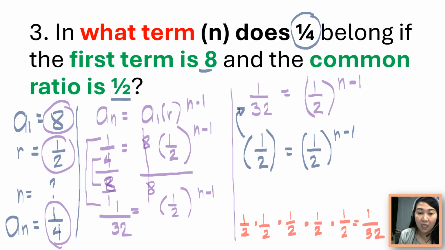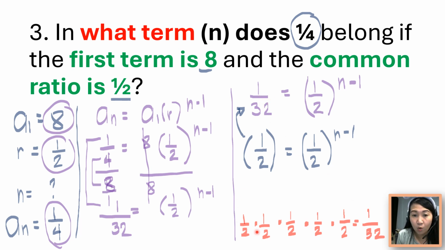Okay, so paano ba tayo nagmo-multiply ng fractions? Multiply the numerators and multiply the denominators. So we have here 1 times 1 times 1 times 1 times 1, that is 1. 2 times 2, 4. 4 times 2, 8. 8 times 2, 16. 16 times 2, that is 32. So we already have the 1 over 32.